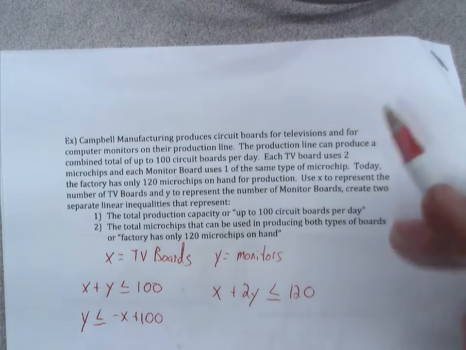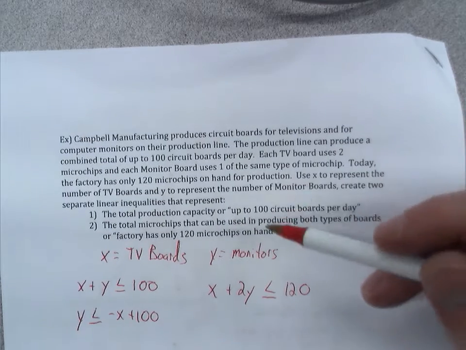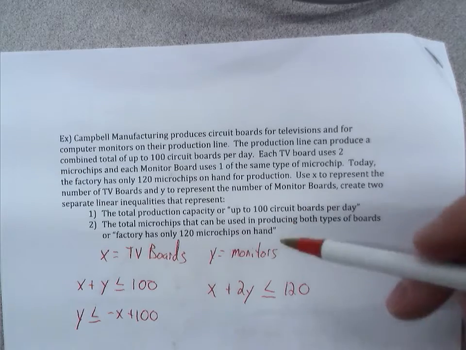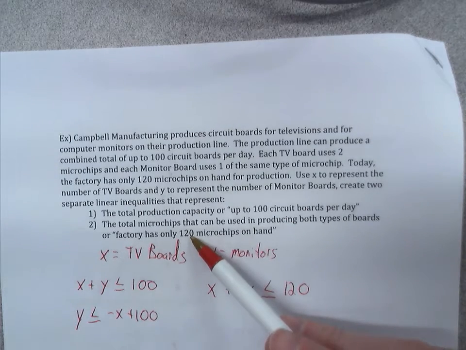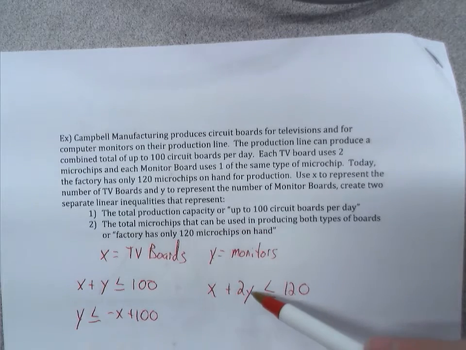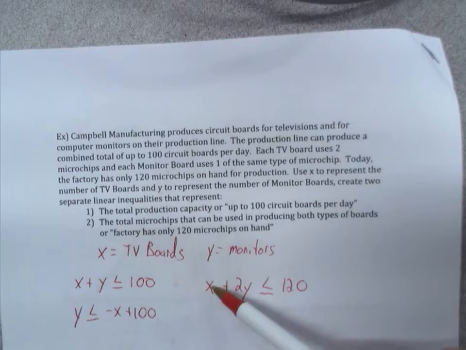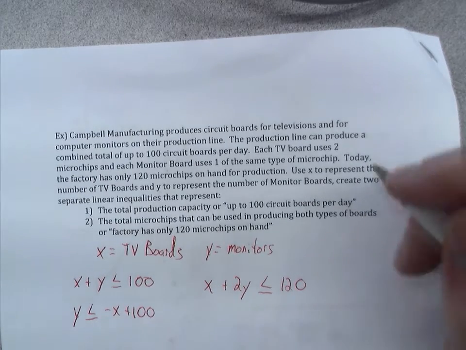And the reason for this is we know we need double the amount, but we can only make 100, and we only have 120 microchips on hand. So really it's this one that limits us. So that's why we're going to put 2 on the y instead.